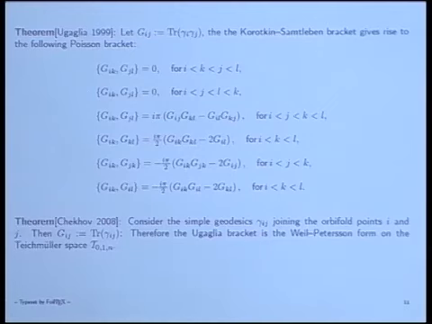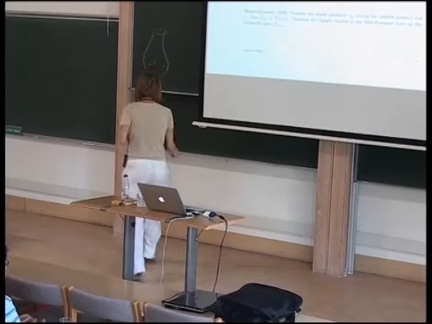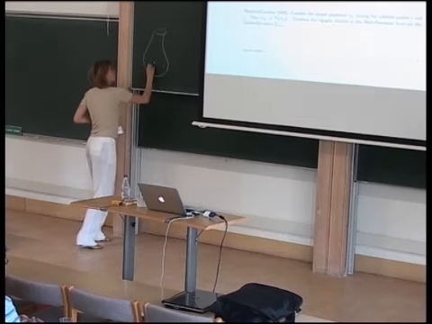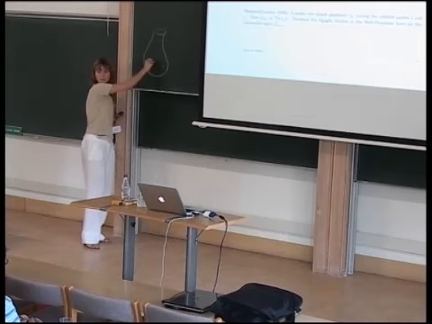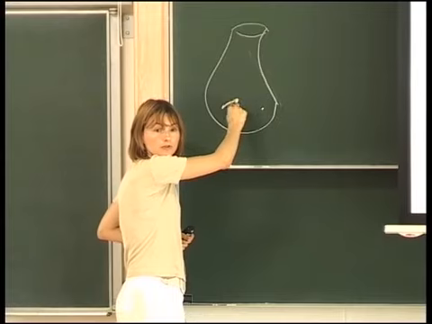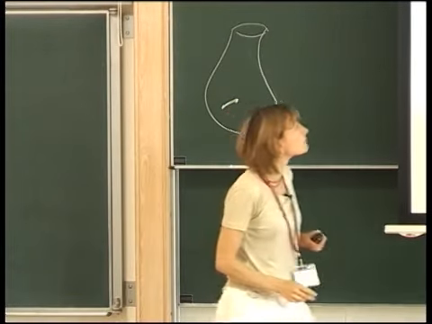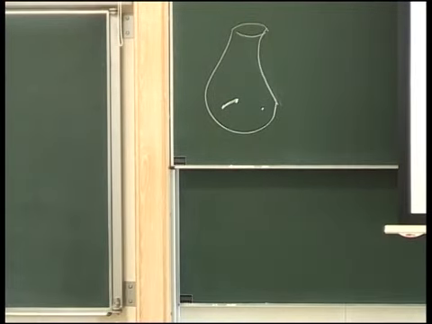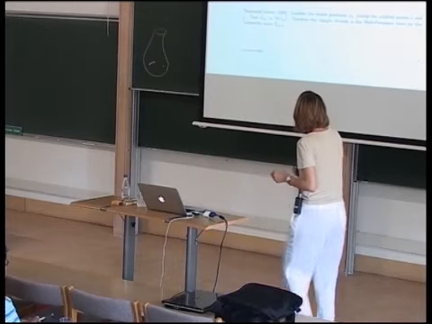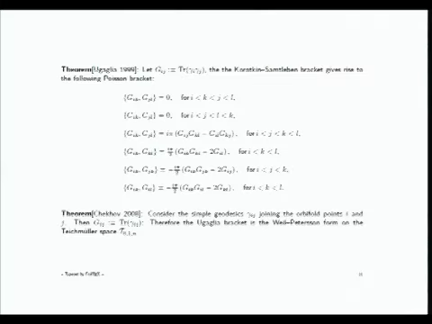And there is another theorem by Chekhov which says consider instead another set of geodesics. These are geodesics which join two points on your Riemann surface, two of the orbifold points on your Riemann surface. Then, by placing Gij equal to the trace of these two guys, I get the same algebra.